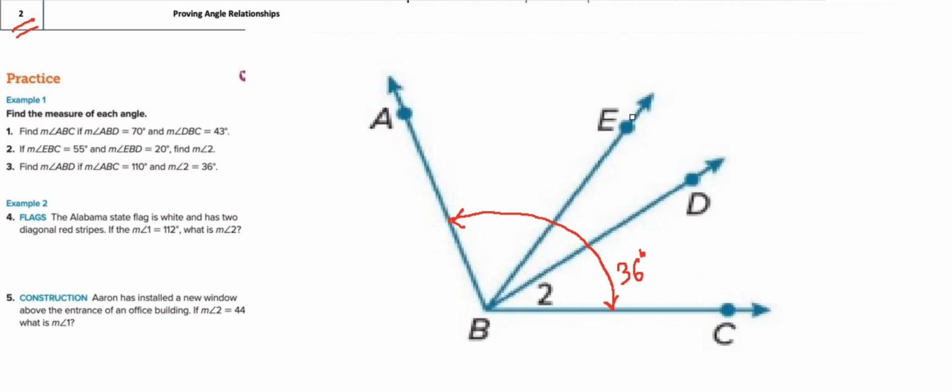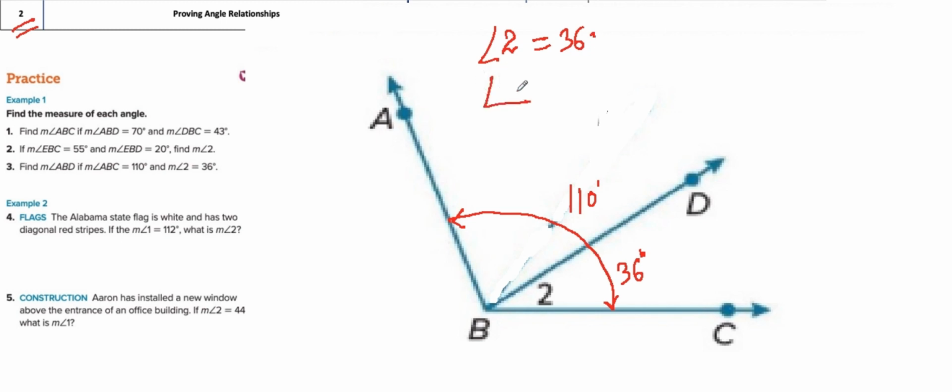So there is no meaning of this other line, forget this line and this angle. They are asking, this complete ABC is 110. So what is angle 2? Angle 2 is 36, and angle ABD is also given, so simply we need to find out ABD.